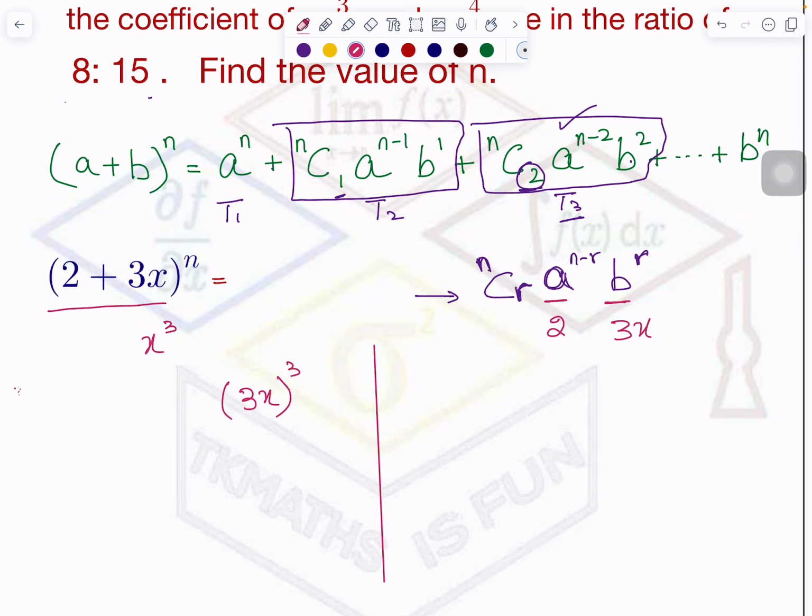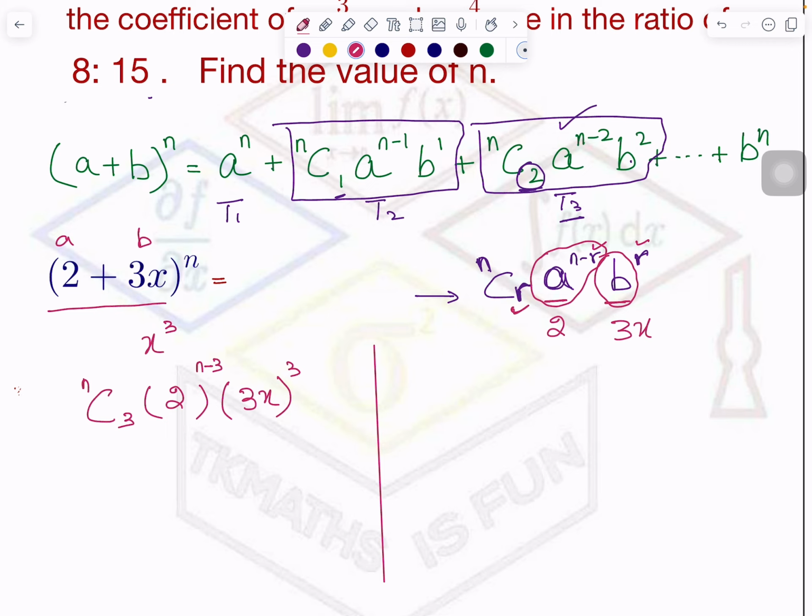I'm writing the b term first, this is my b and this is my a, and 2 will have what power? n minus 3. Why did I say 3? Because if you look at the formula here, a has n minus r and r is the same as whatever is here. So I will write nC3.